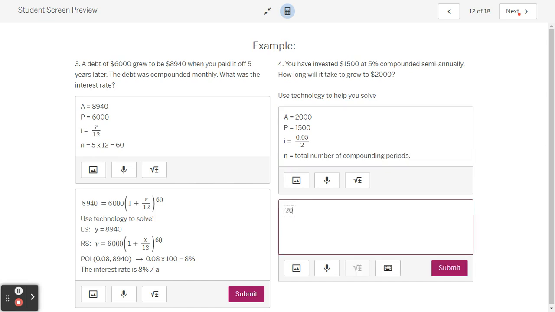Let's write the equation. 2,000 is equal to 1,500 times (1 plus 0.05 divided by 2), all raised to the power x. So from the left side, y is equal to 2,000. From the right side, y is equal to 1,500 times (1 plus 0.05 divided by 2) raised to the power x.